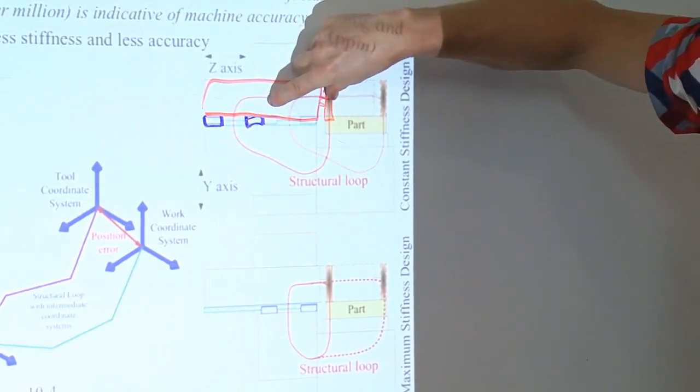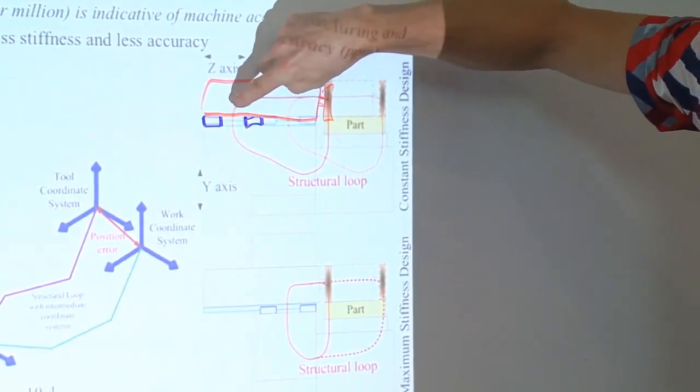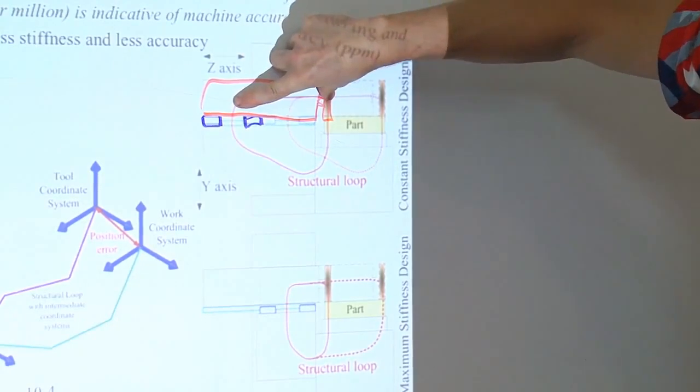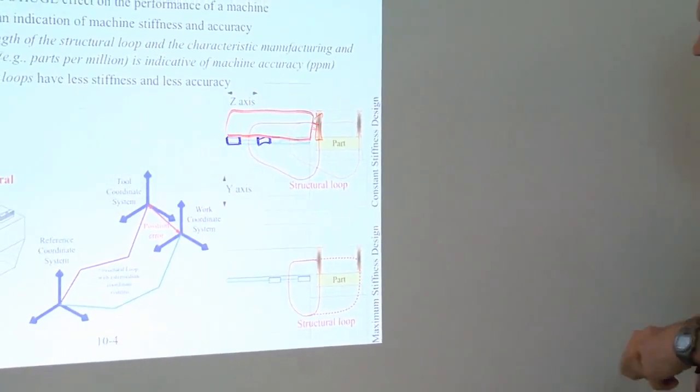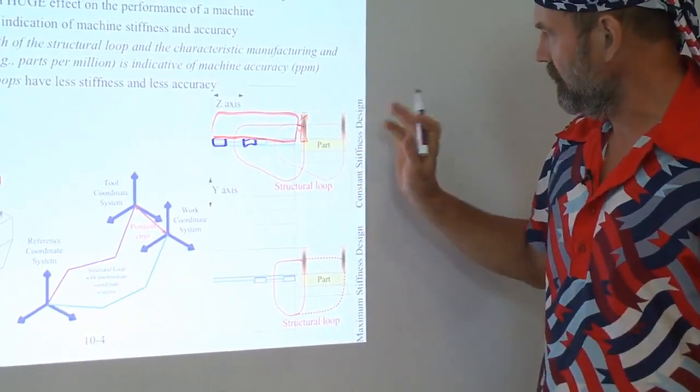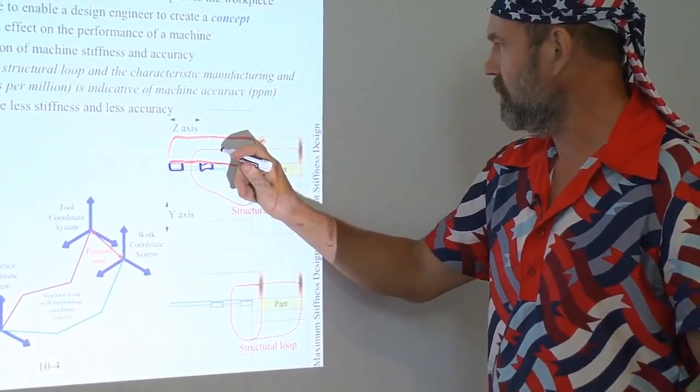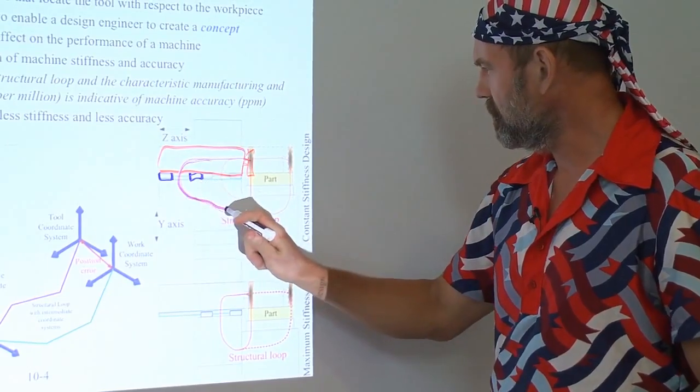There's this much cantilever then between the center of stiffness of the bearing and the wheel. What that means is, as shown by the 2 structural loops here, in the backward all the way in position, this is the structural loop.